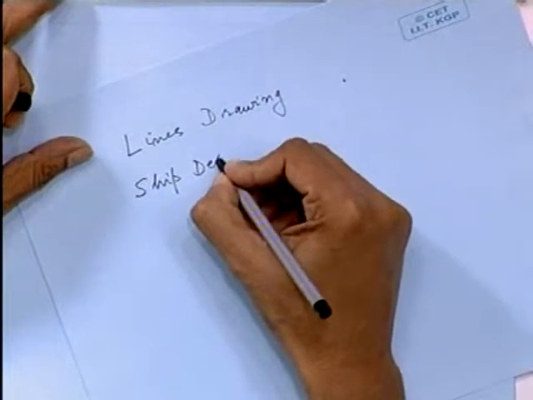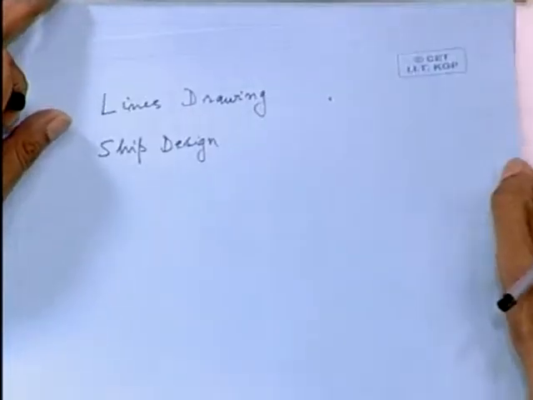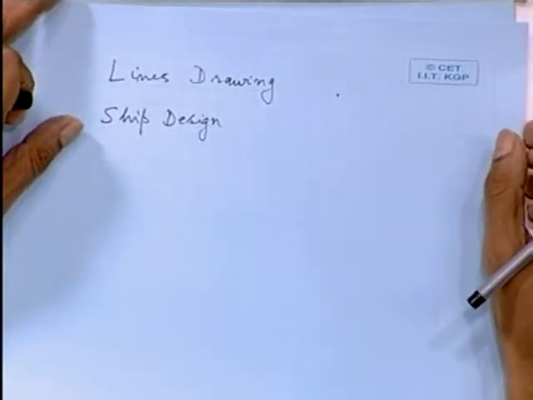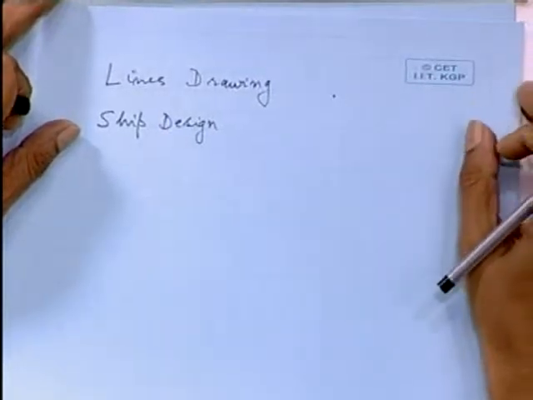But here we will not be discussing ship design in detail, that means how we go into this process of ship designing. But I will cover some of the aspects of ship design, and that will tell you how these lines have come. Now, there are some aspects of this lines drawing which have to be kept in mind.